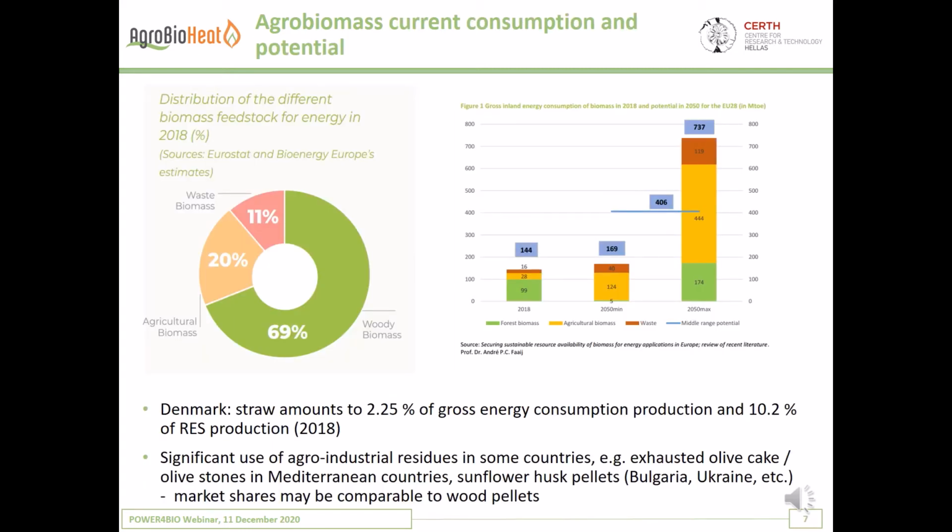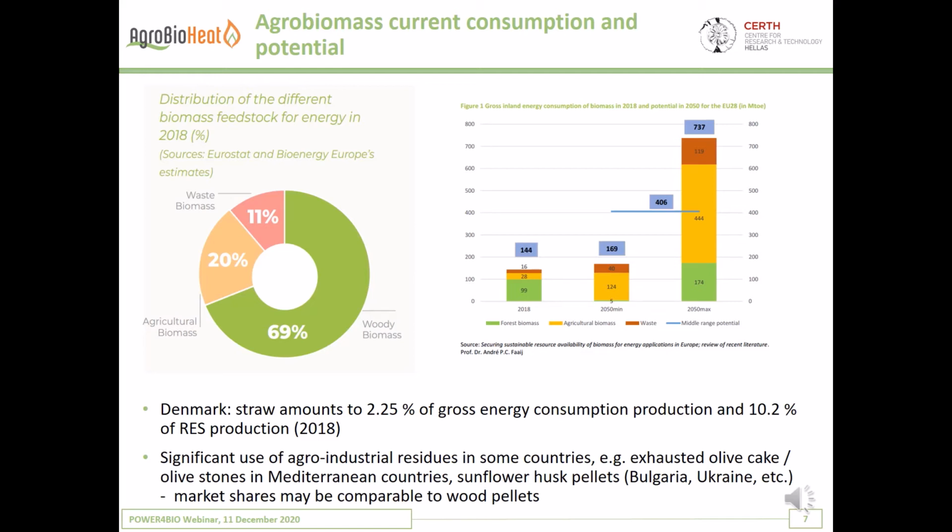Regardless of the potential, the actual situation of agrobiomass consumption at the moment is not so great. It is assumed by Bioenergy Europe, through its calculations, that agrobiomass is around 20% of the biomass feedstock used in energy in 2018.